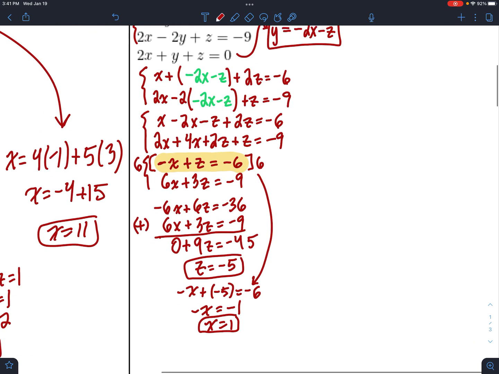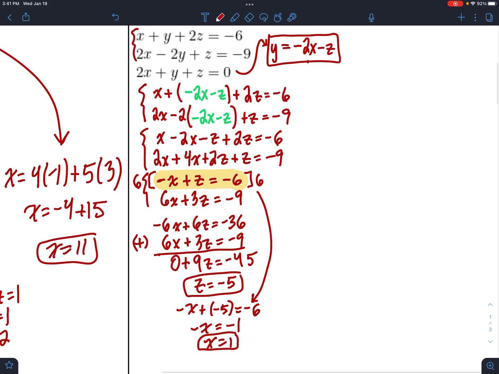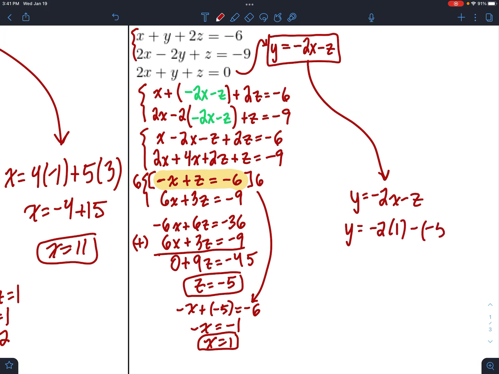And then all that's left to do is take our very original equation and plug back in what we learned is x and what we learned was z. So it looks like y equals 3.